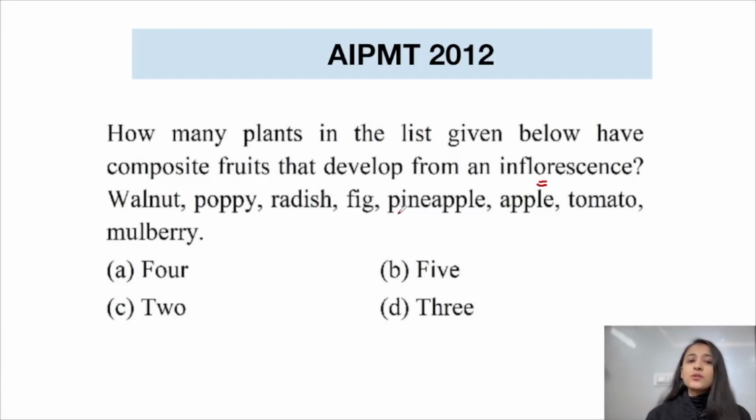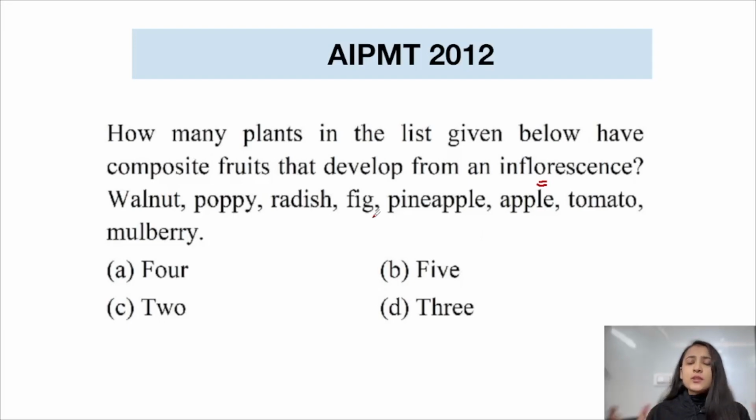Composite fruits are also known as multiple fruits, right? These are the fruits which develop from the entire inflorescence, in contrast to a single flower, as in aggregate fruits and simple fruits. So in simple and aggregate fruits, only a single flower was involved in giving rise to a fruit, right? But in case of composite fruits, the whole inflorescence is involved in giving rise to a single fruit.